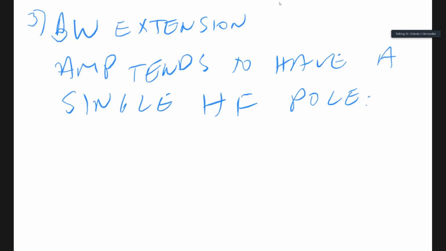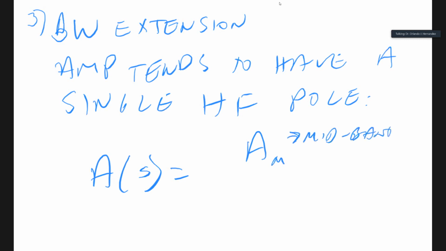So if we take a closer look at that A block transfer function in the Laplace domain, we can express that gain, which is frequency dependent. Notice the dependence on s, as some constant, which is the mid-band gain. So this is the mid-band gain, rather.